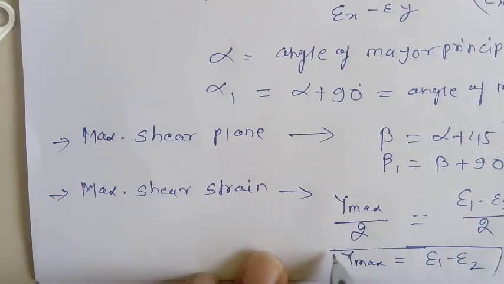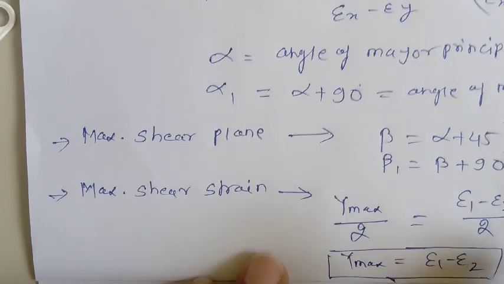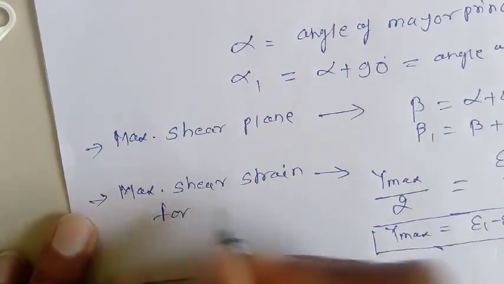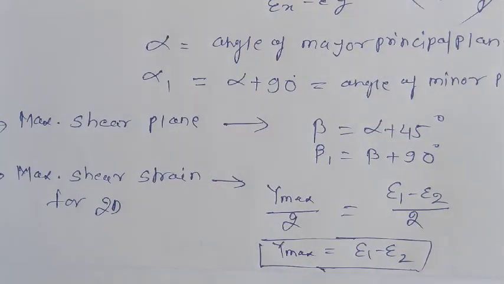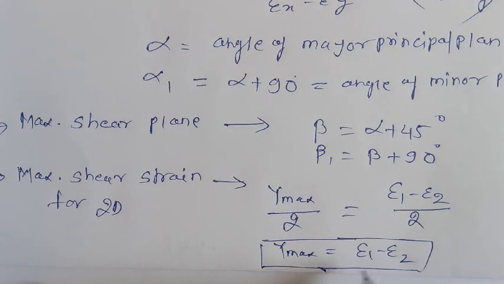So this is the formula for the maximum shear strain for 2D, two-dimensional. That is gamma max by 2 equal to epsilon 1 minus epsilon 2 by 2, which is nothing but gamma max equal to epsilon 1 minus epsilon 2.